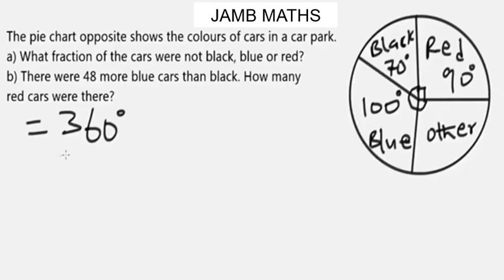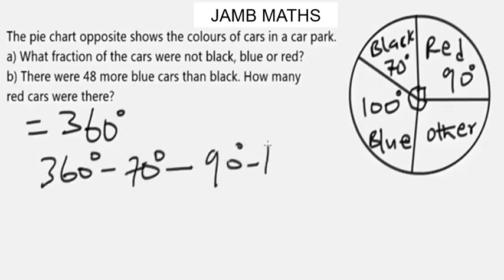So we subtract the degrees of the colors of the cars we have from 360 to get the others. It's going to be 360 degrees minus 70 degrees minus 90 degrees for red cars minus 100 degrees. So when you punch this, you're going to have 100 degrees for the other cars.